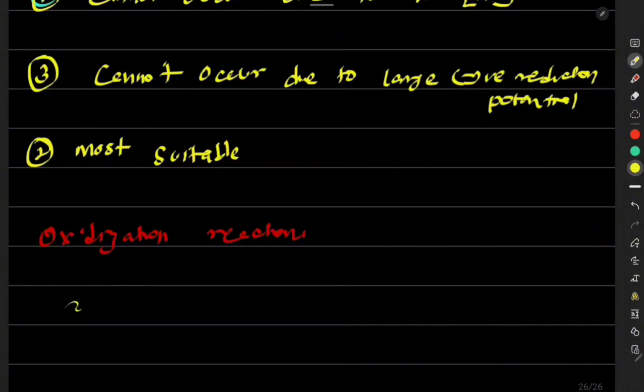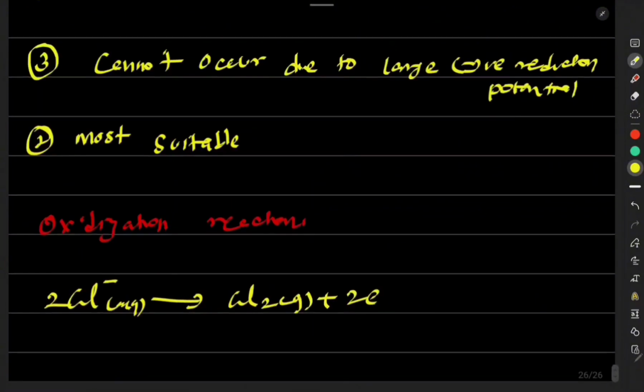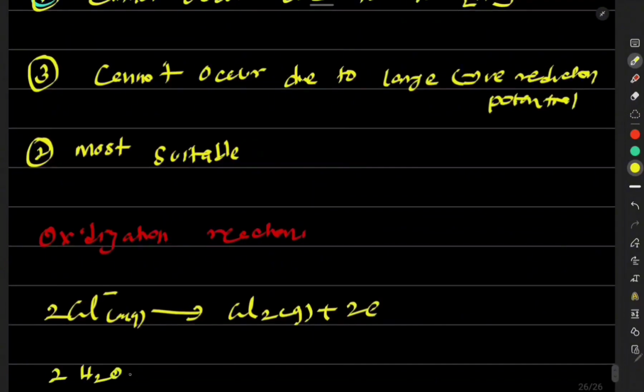The first one is 2Cl minus aqueous forms Cl2 gas and 2 electrons, and 2H2O liquid forms O2 gas plus 4H plus aqueous and plus 4 electrons.